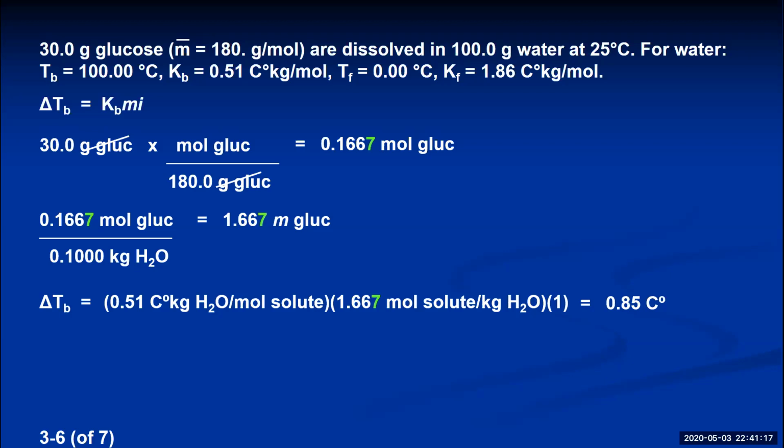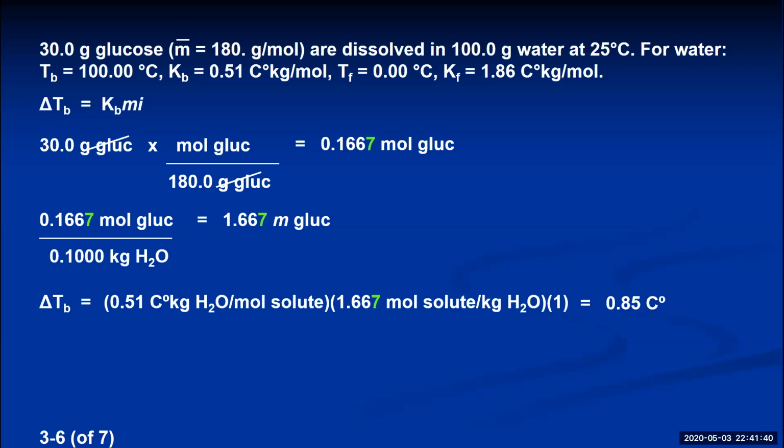This, if you multiply it out, will give you a 2 significant figure value because the 0.51 was only 2 significant figures. And all the units cancel out except for Celsius degrees. So we get a change in the boiling point of 0.85 Celsius degrees. So water's boiling point, if you dissolve 30 grams of glucose in 100 grams of water, will go up by 0.85 Celsius degrees.